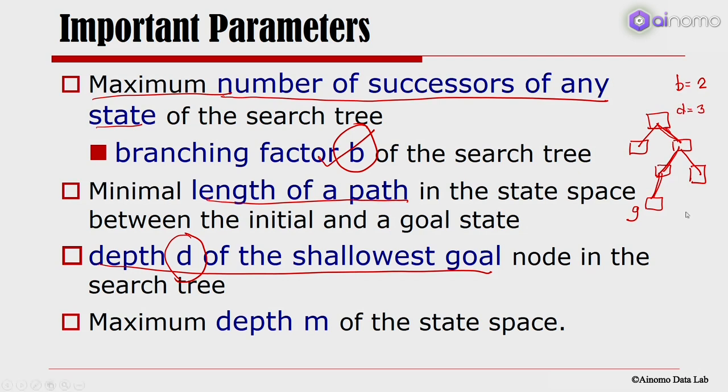And I could have a maximum depth which goes on, it could be infinite, and that maximum depth of the state space is m. So given these parameters, and given the idea that we could search a directed graph to arrive from a given state to a given goal, we look at a graph search procedure.